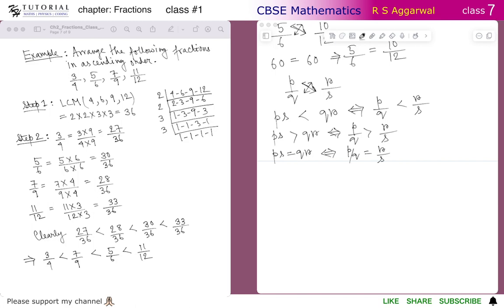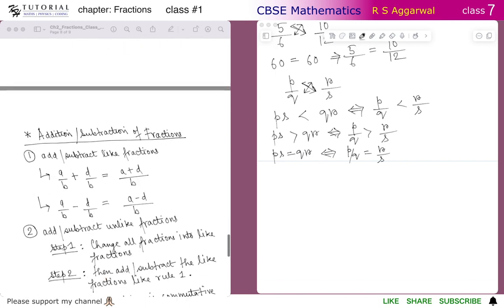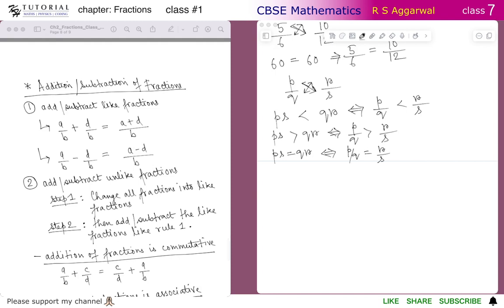As a conclusion, the ascending order of the original fractions will be 3 by 4 is less than 7 by 9 is less than 5 by 6 is less than 11 by 12.